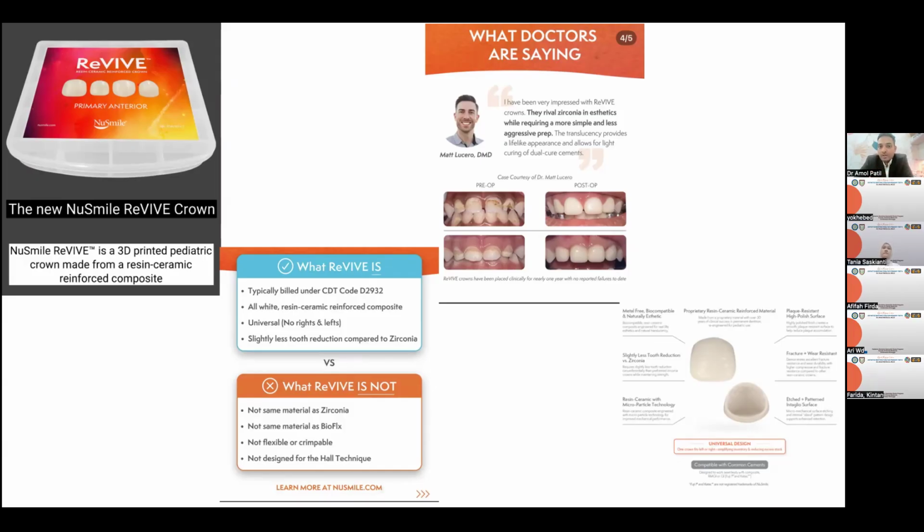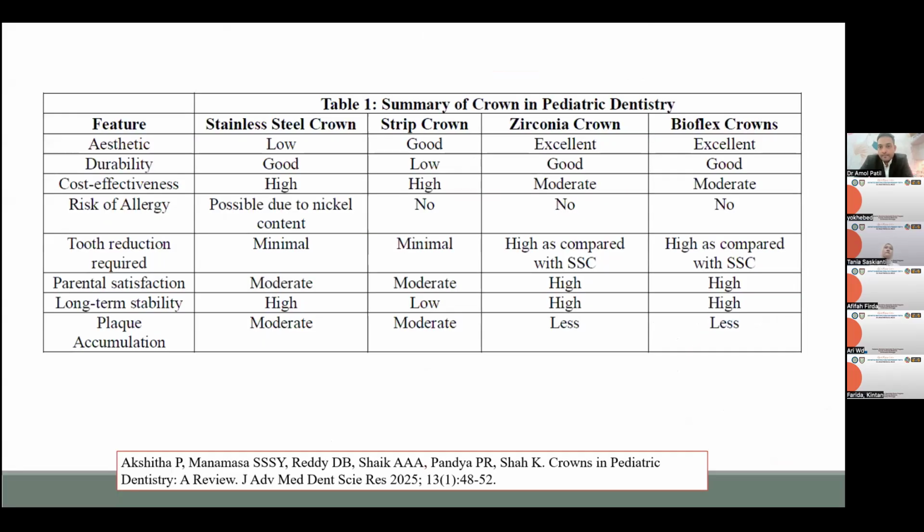One of the doctors, Dr. Matt, states that they are like rival to zirconia in aesthetics while requiring a more simple and less aggressive preparation. There is not much data available about that crown.